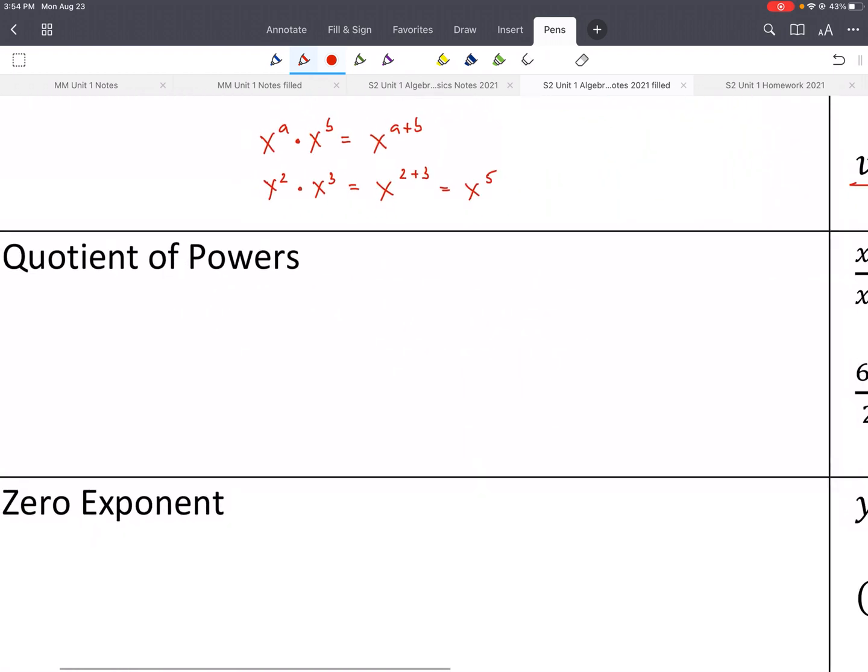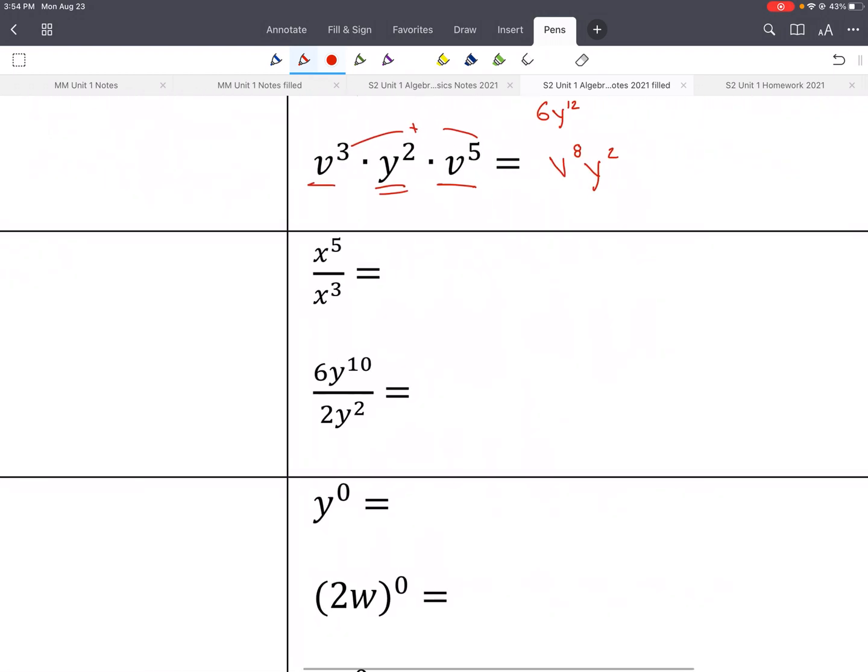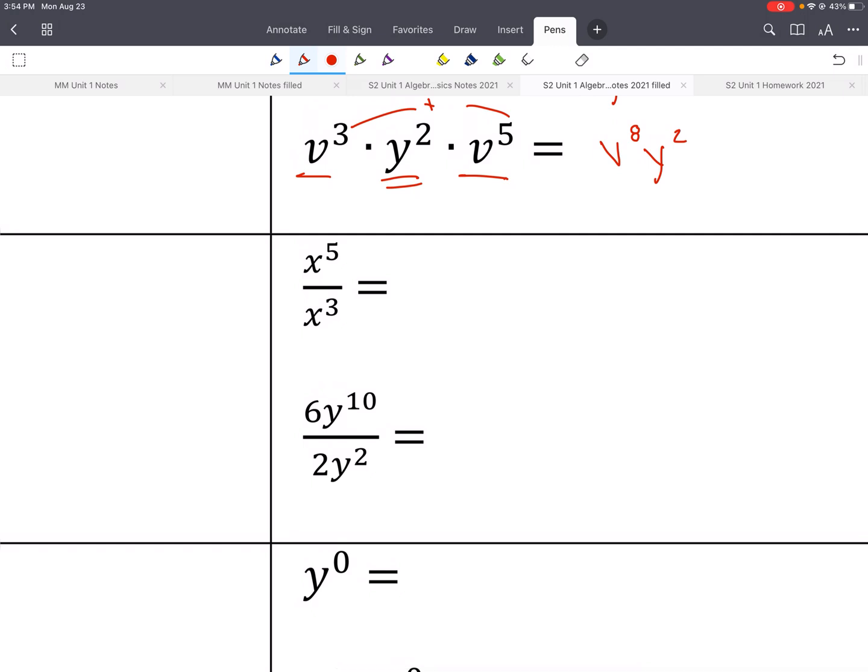Let's talk about the quotient of powers. So let's again do the same sort of thing and expand. Here we have x to the 5th, which is just x times x times x times x. And on the bottom, in the denominator, we have x times x times x. Okay? Well, nice thing, if we have x divided by x, those are going to cancel out, and all we have left is just x times x, which is x squared.